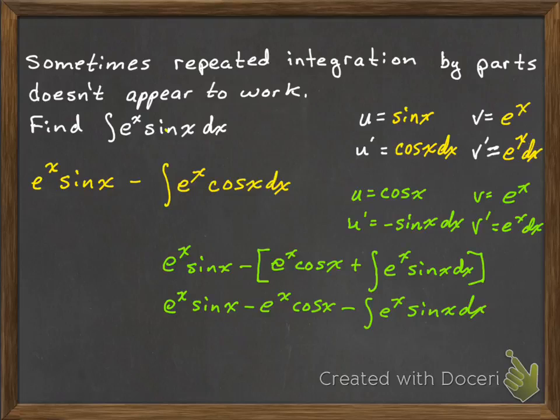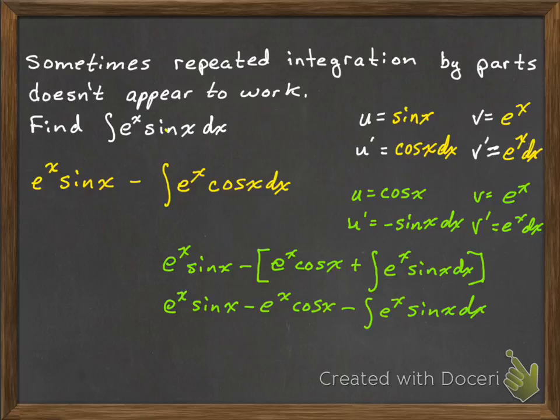Now, what you should recognize here is that we have an integral of e to the x sine x that we need to evaluate, which would involve having to do integration by parts once again. However, if you'll notice, that's actually what we started with. And so if we do integration by parts again, it's just going to put us into an endless loop of doing the same thing over and over again.